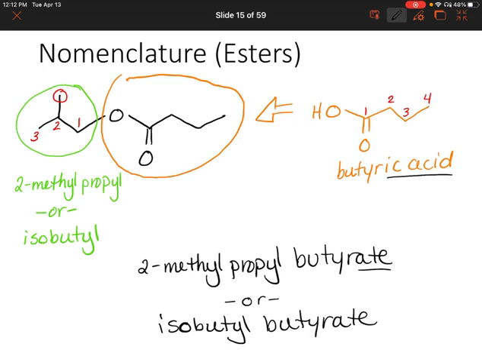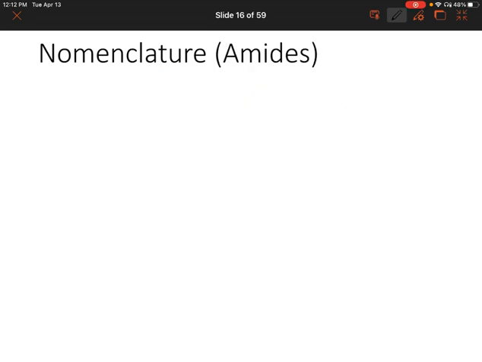So let's go on to amides, which is our last type of derivative here that we're going to talk about. So this one's a little easier than esters. Let's say, for instance, we're starting with acetic acid again, and we're going to convert this into an amide.